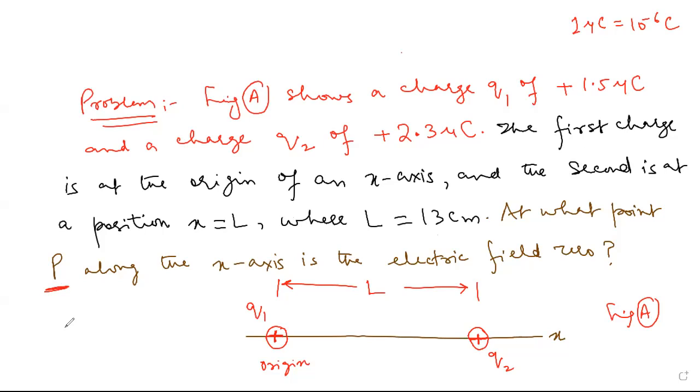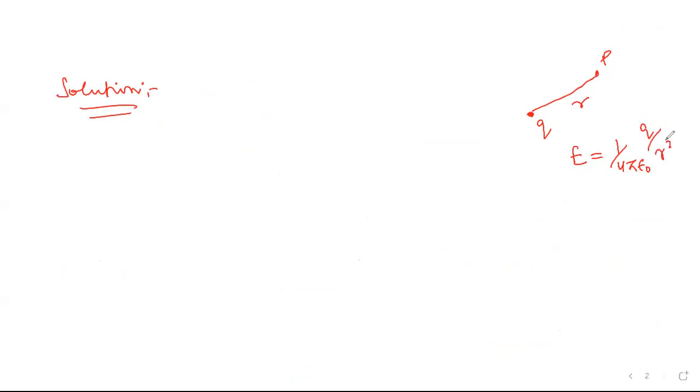You know, first, if we have a point charge Q and we select some point P at some distance from the charge, we are discussing now the first solution. Now at point P, electric field magnitude is given by 1 by 4 pi epsilon naught Q by R squared.